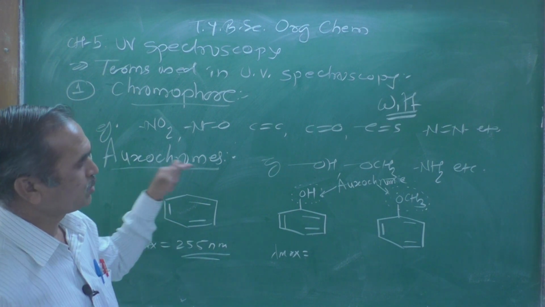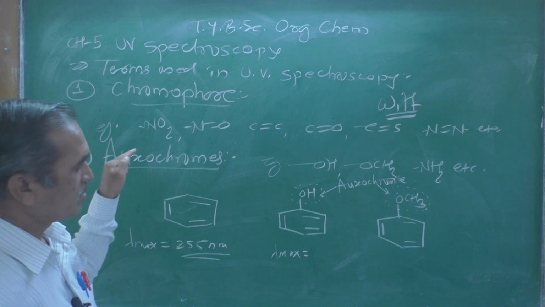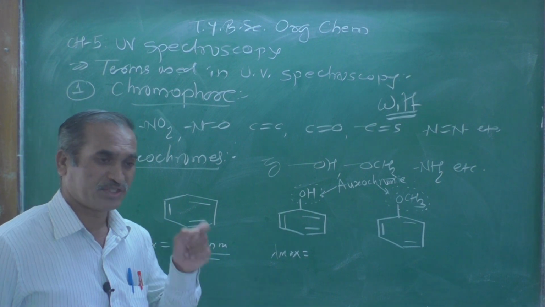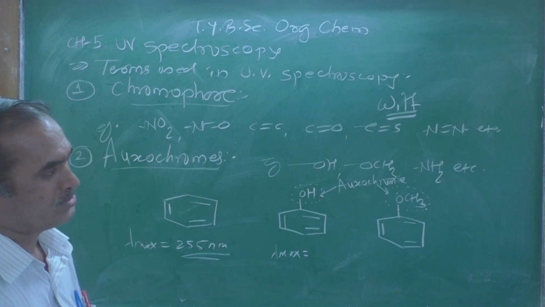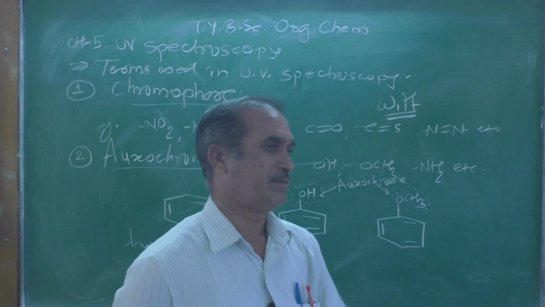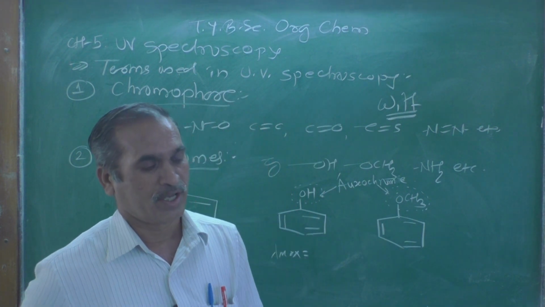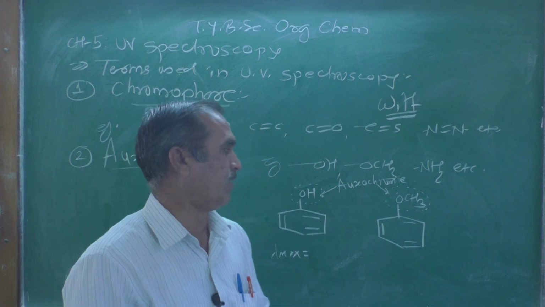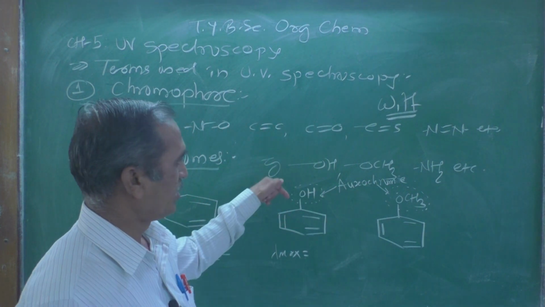So according to the definition, it is a functional group which does not absorb UV radiation, but when attached to a chromophore, shifts absorption to the longer wavelength, and is known as an auxochrome.